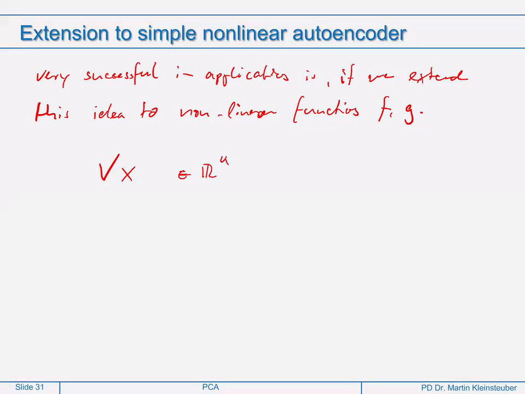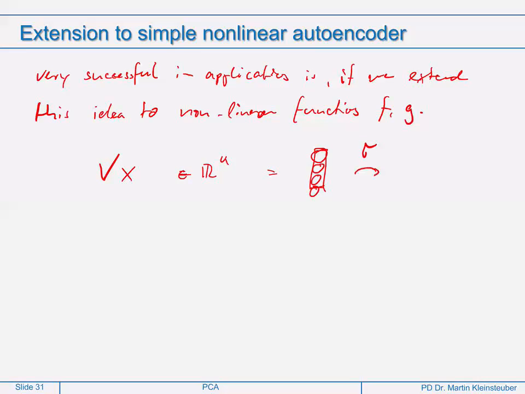And what we do now is, to each of the entries of your vector, you apply a function called an activation function. I'll talk about that later.